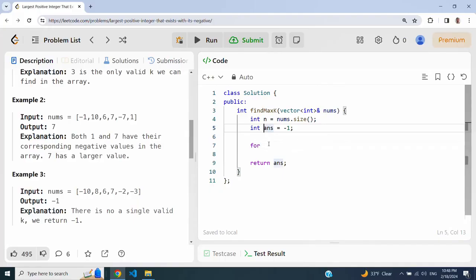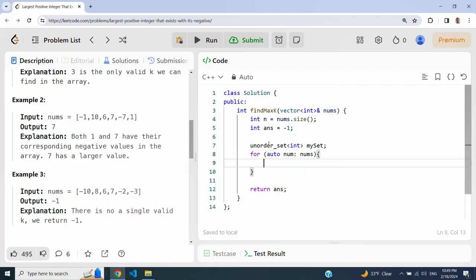So declare a hash set in C++, that's an unordered_set, and we're going to store integers. Let me call it my set. Let me walk over the numbers one at a time. The question is, does my set dot find minus num find it?